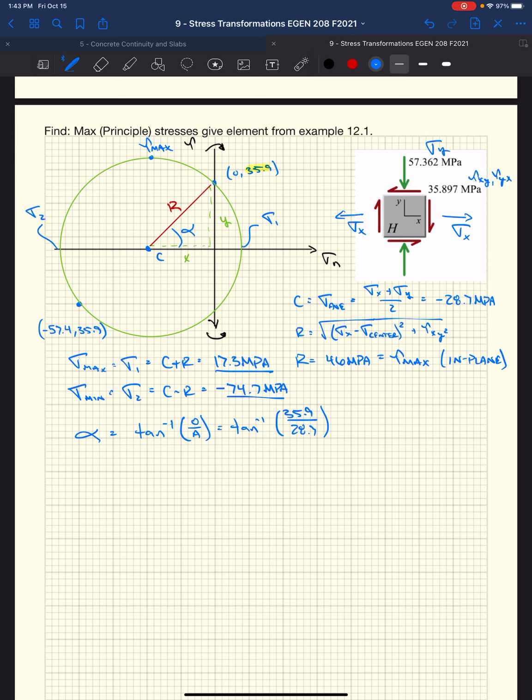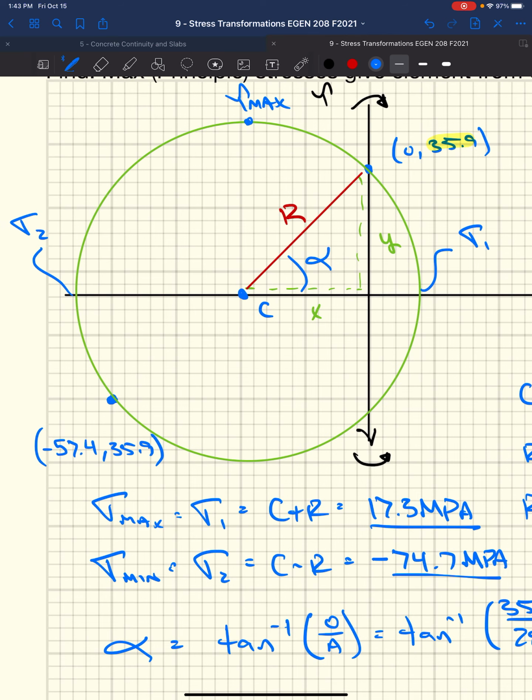Yeah, that makes sense, because it's opposite over adjacent, right? This would be opposite, this would be adjacent. Well, the magnitude of our opposite is the shear stress magnitude, right?